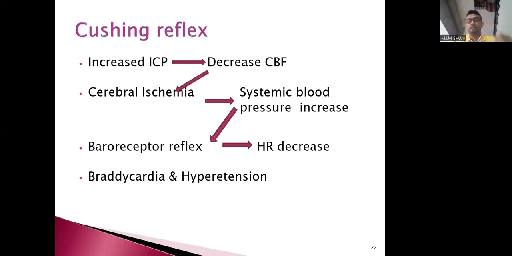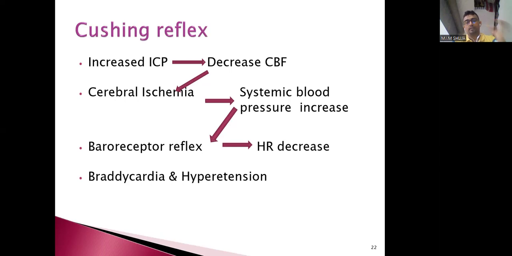When there is a systemic blood pressure increase, what will happen to your baroreceptors? The baroreceptors are getting activated. I think by now you know the baroreceptor mechanism very clearly. So when the baroreceptor reflex is stimulated because of the increased blood pressure, ultimately the heart rate comes down.